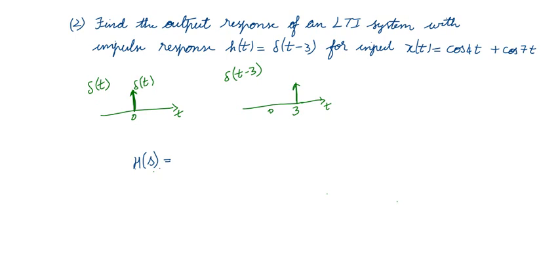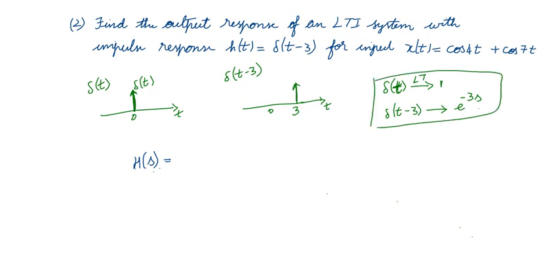We know already that the Laplace transform of the impulse signal is 1, right? What is delta of t minus 3? Which is e power minus 3s times 1.